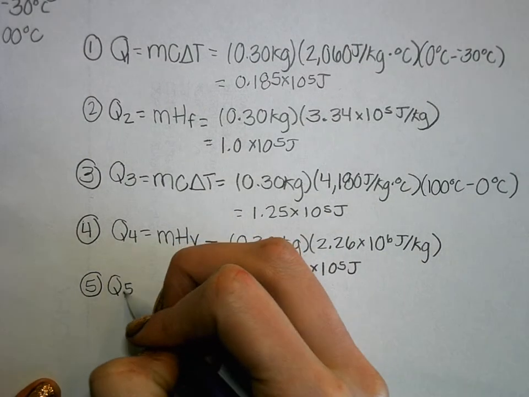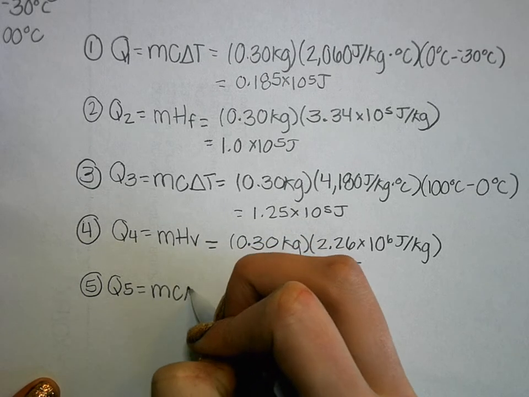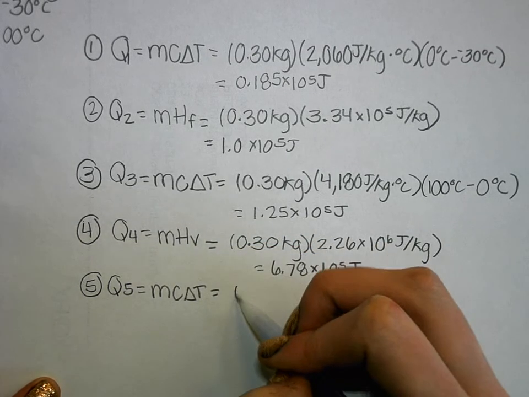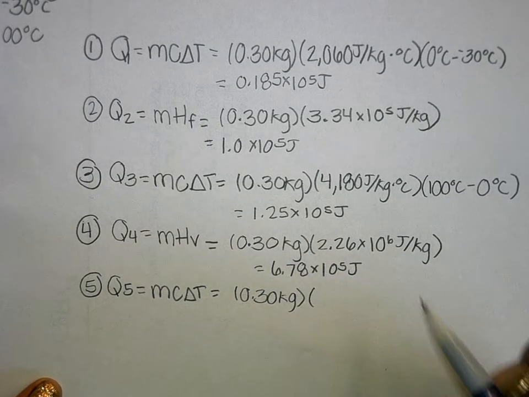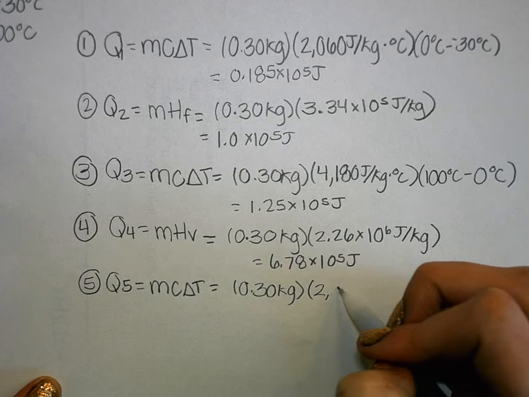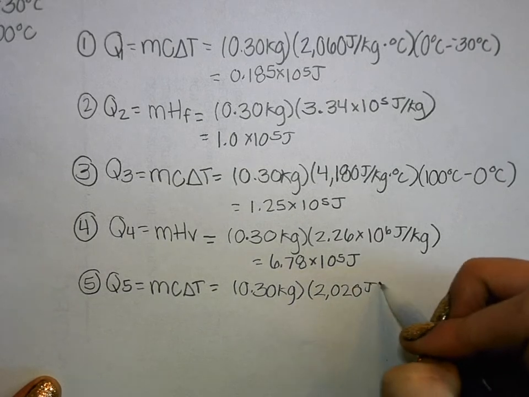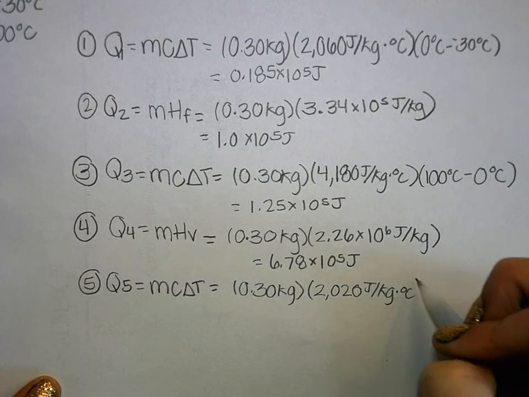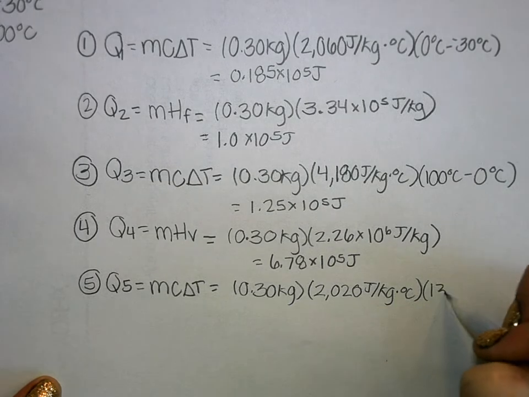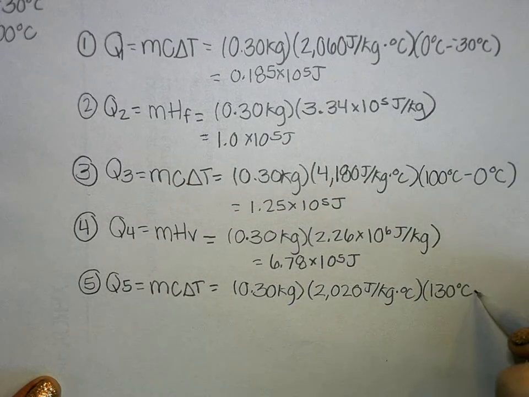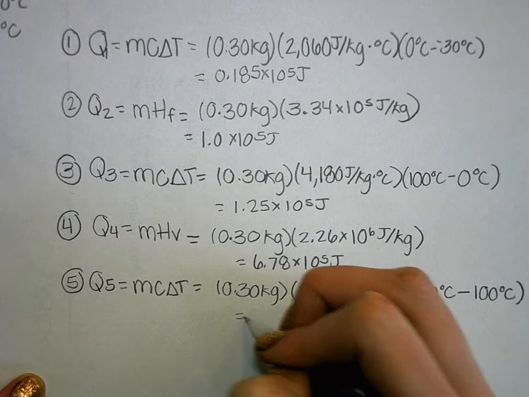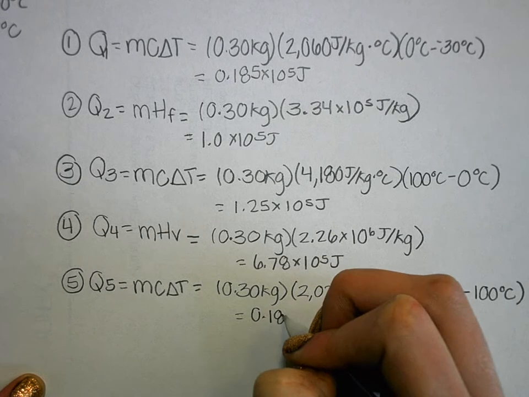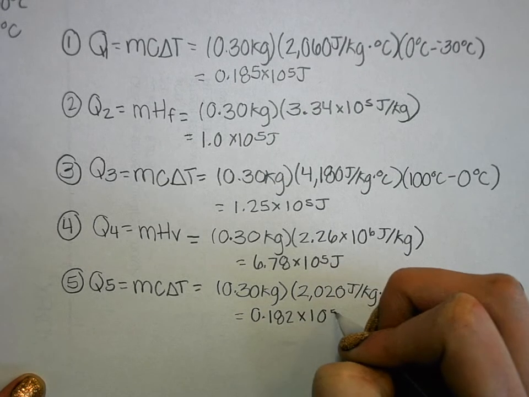So our Q5 is equal to MC delta T. So we have our mass, and now we're going to multiply it by the specific heat of steam, which is 2020 joules per kilogram degrees Celsius, times our T final, which is 130 degrees Celsius, minus T initial, which is 100 degrees Celsius, and we get 0.182 times 10 to the 5th joules.